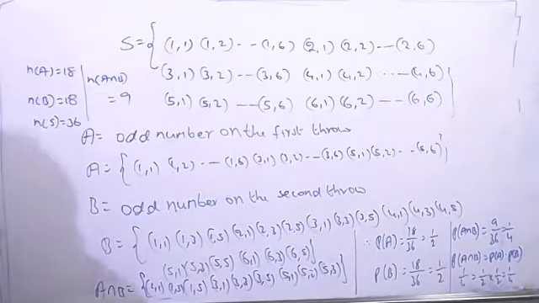A coin and one unbiased die is thrown, means tossed. Then what is the event A? Head appears on the coin. And what is the event B? 3 on the die. This is the information. Now we have to verify that both A and B are independent events or not. You can write now.